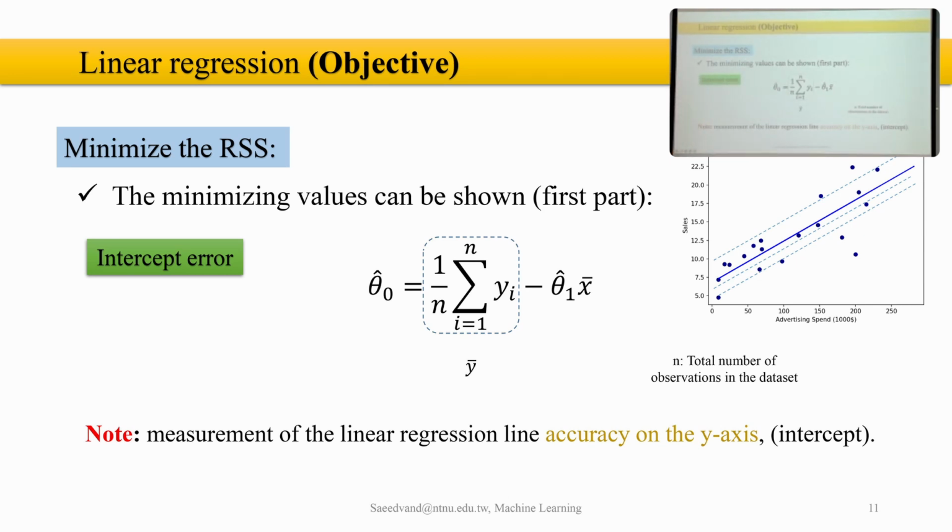Also later we define it as degrees of freedom, you will see. We have a note. We can state that the measurement of the linear regression accuracy on the y-axis can be defined over here with the intercept error over the y-axis, kind of always considered like bias. It should be up and down.